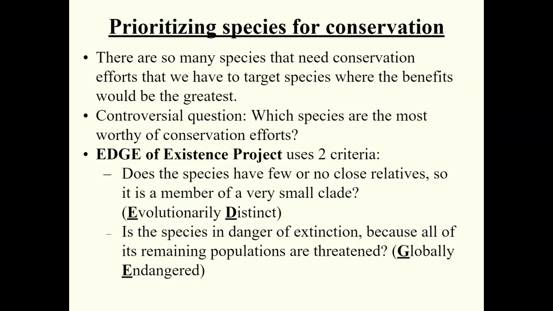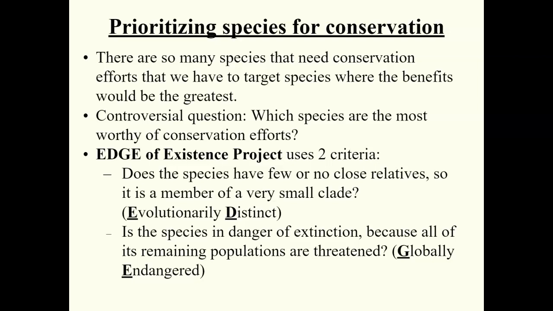And so losing a small clade like that would be very sad, because you're losing biodiversity that you can't replace. There's nothing else like it, or not a lot of organisms like it. And that's not true of larger clades. Larger clades, there's typically a lot of organisms that are very similar to them. And so, prioritizing small clades is something that they will do.